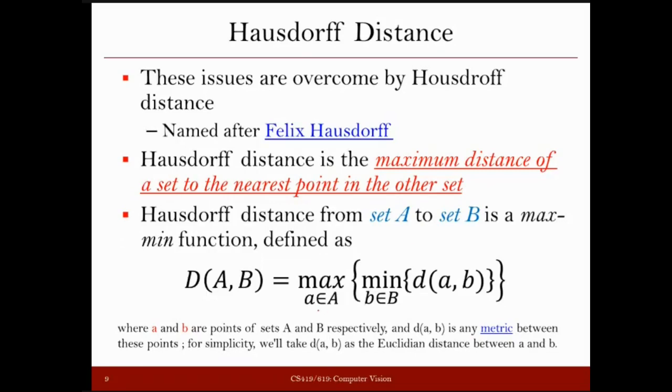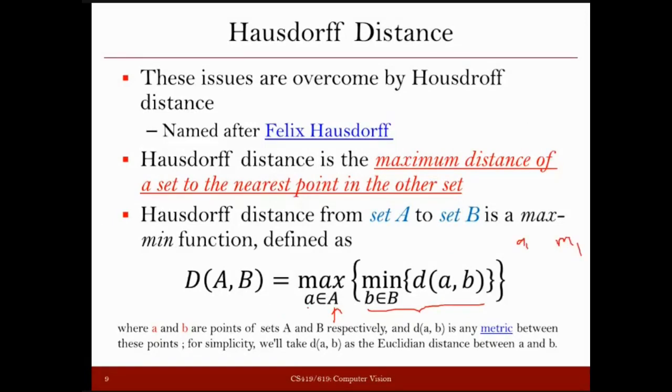So if you see the formula here, with respect to shape A, we are considering a point a, and from B we are finding all the possible points, and then we are computing the distance. Whatever distance we get, we record that. So for point A1, the distance is, let's say, M1.